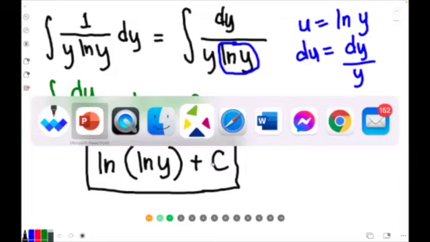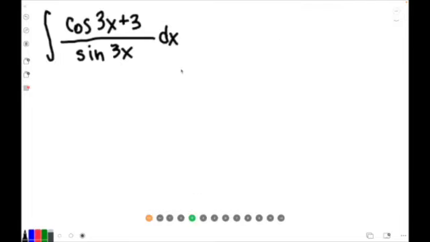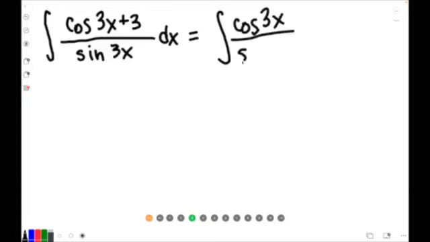Okay, now let's go back. This way, to start off solving this problem is to separate these two as two fractions. So this can also be equal to the integral of cosine 3x over sine 3x plus 3 over sine 3x.